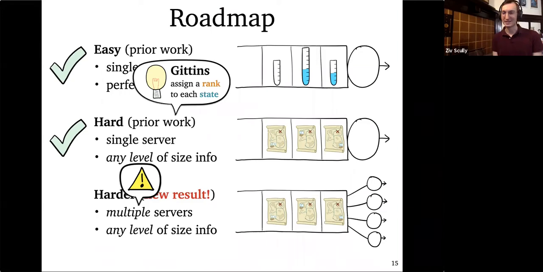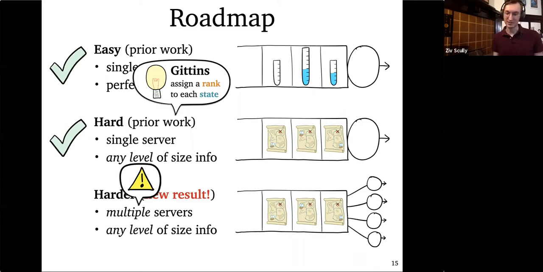Danny asked before I started this talk, did Isaac talk about this at some point? And Isaac talked about scheduling. This is joint work that Isaac and I did in the past. He presented multiple server scheduling with known sizes, and that was something he published in 2018, whereas these single server results are decades old.